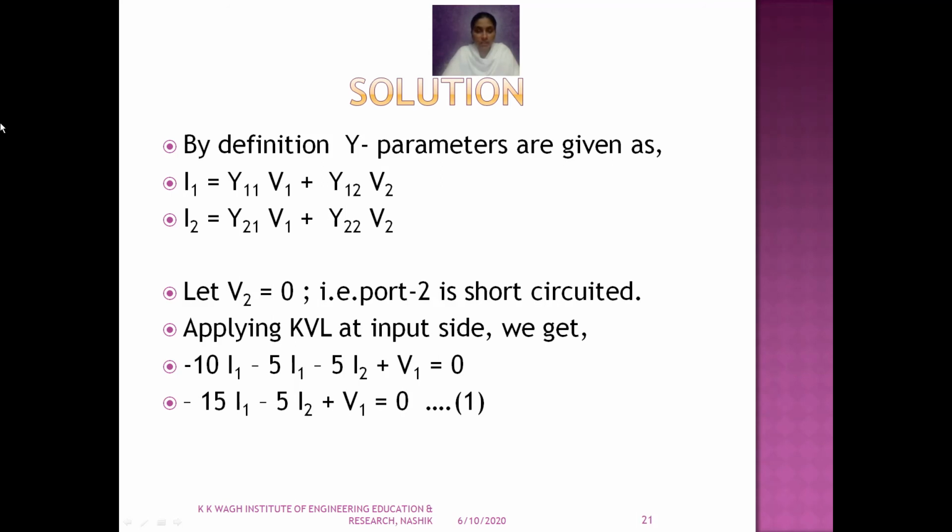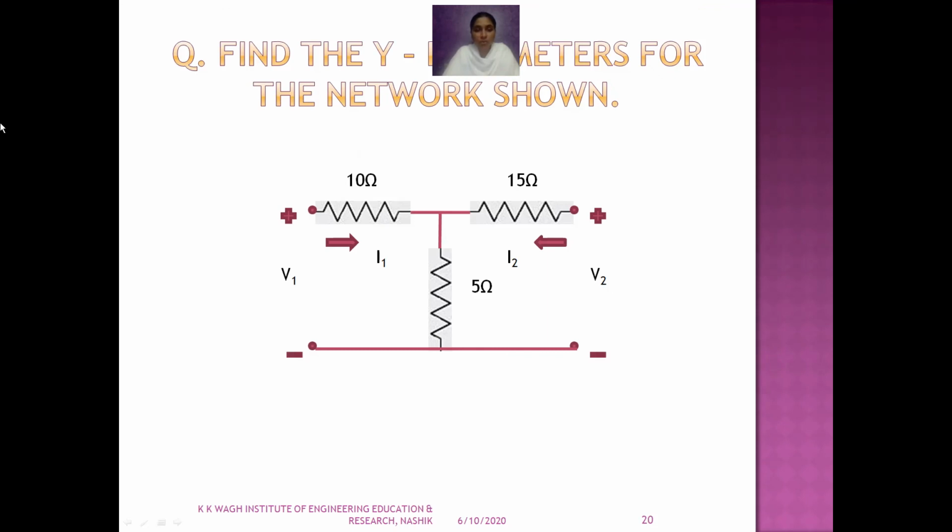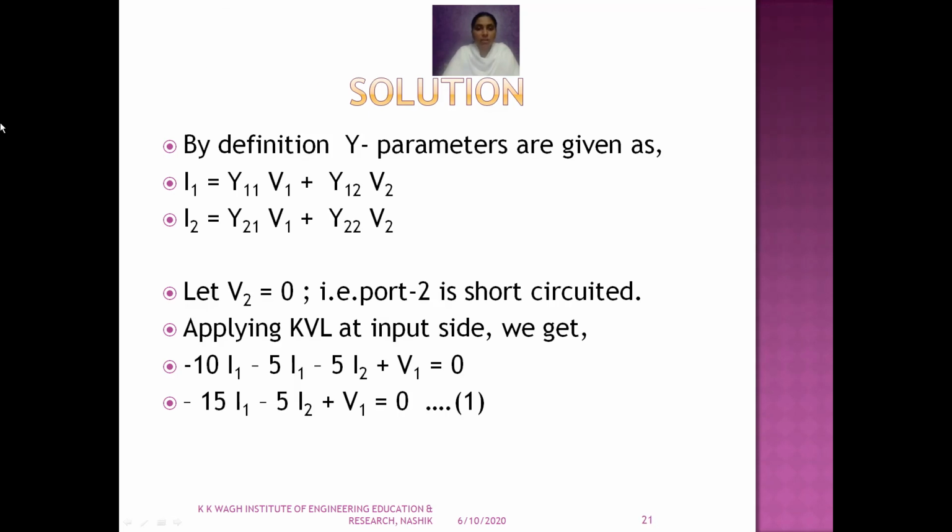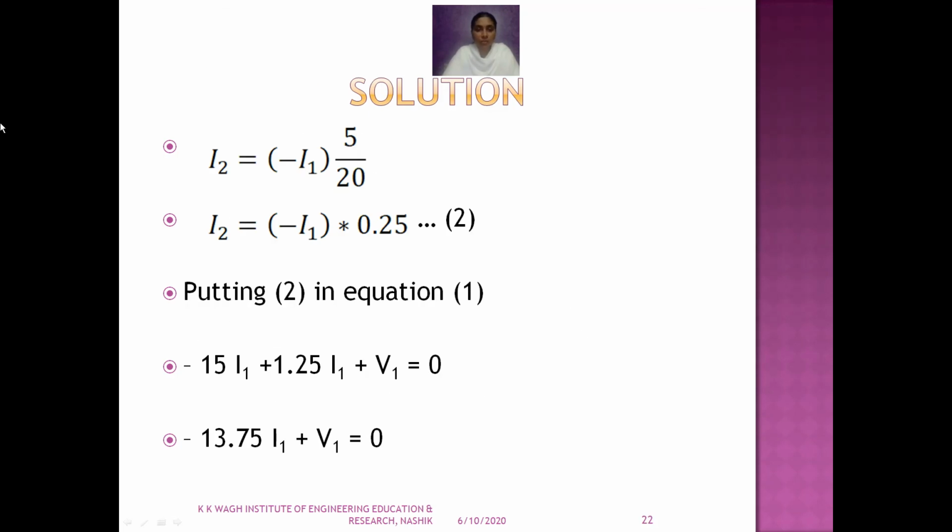This is equation 1. Now if you see, when port 2 is shorted, can I write the equation for current I2 when the input current is I1? I can very well write it using the current division rule. According to the current division rule, I2 is equal to minus I1 into 5 upon 20.